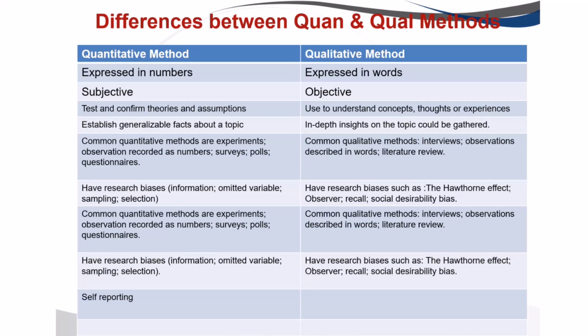Another interesting aspect in regards to quantitative is the concept of self-reporting. What does self-reporting mean? It means you as a researcher, you'll get the answer which you want. I'm not sure it makes sense.